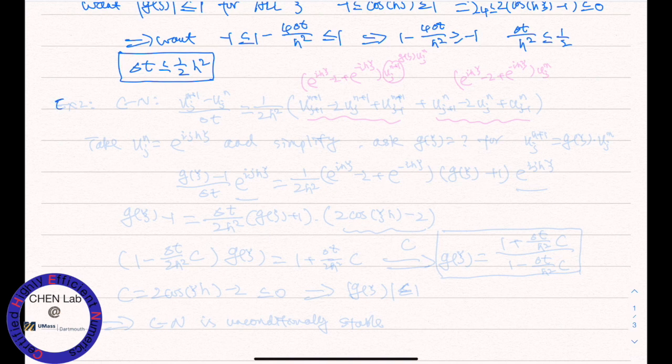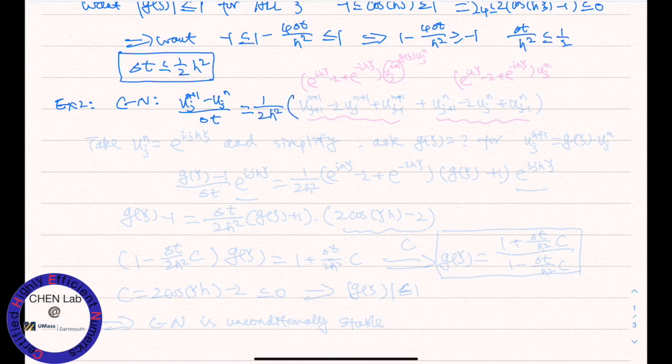Let's do one more example for today. We will look at the Crank-Nicolson scheme, which is u_j^{n+1} minus u_j^n over delta t, and we take a half of the two ends, which is 1 over 2h squared.